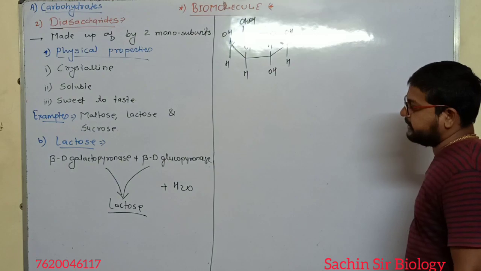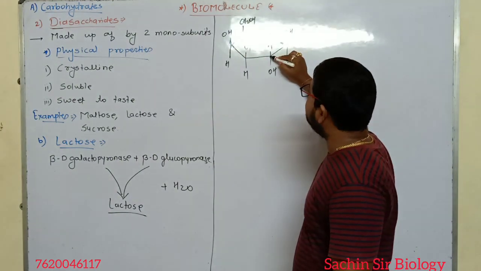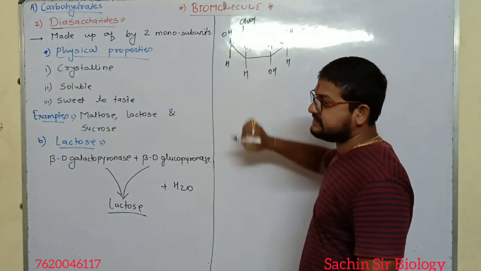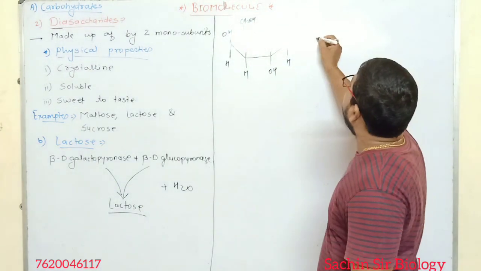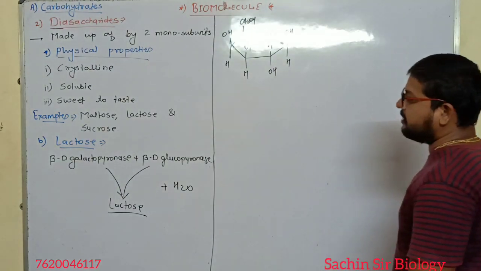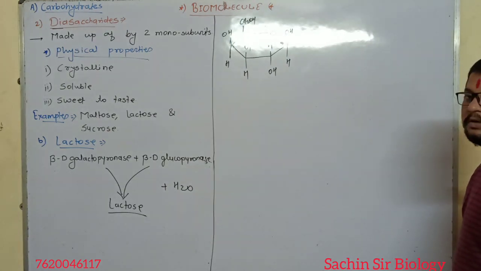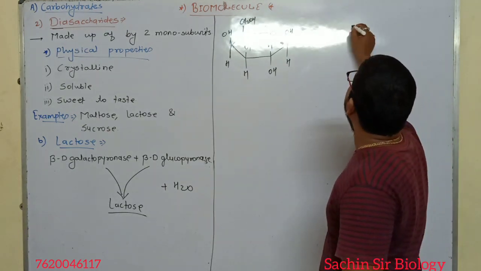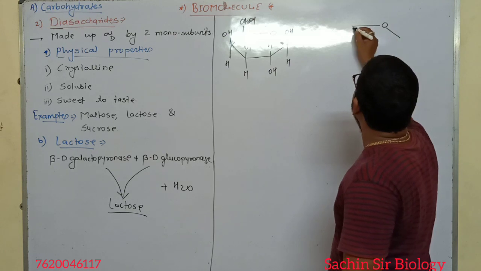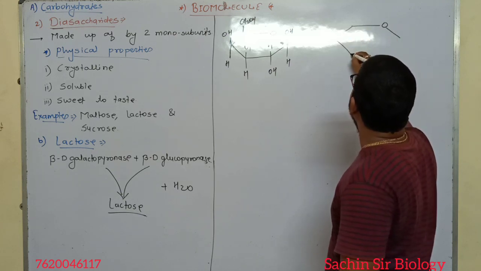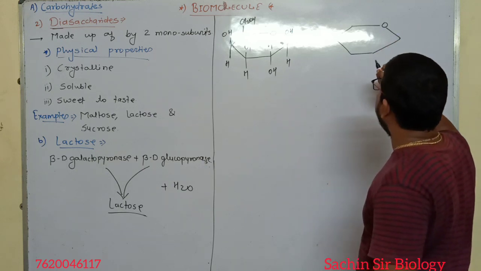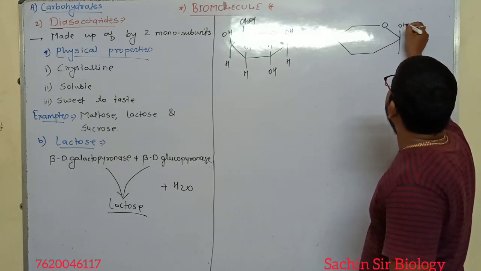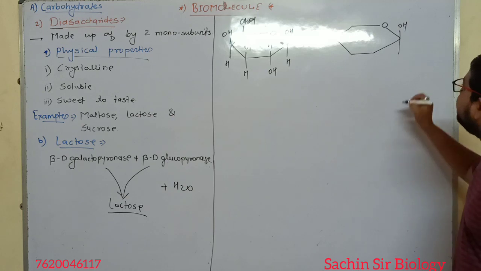This is what? First carbon, second, third, fourth, fifth, and sixth. This is the ring structure of beta D galactose. And what is the ring structure of beta D glucose? Beta D glucose, no doubt, has the hydroxyl group on the upright side.